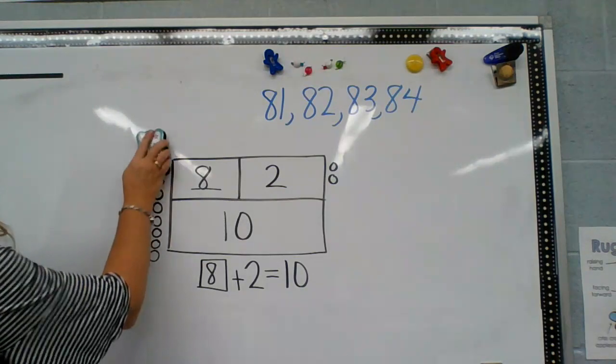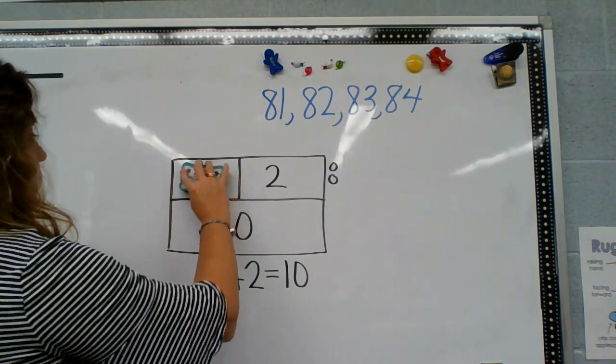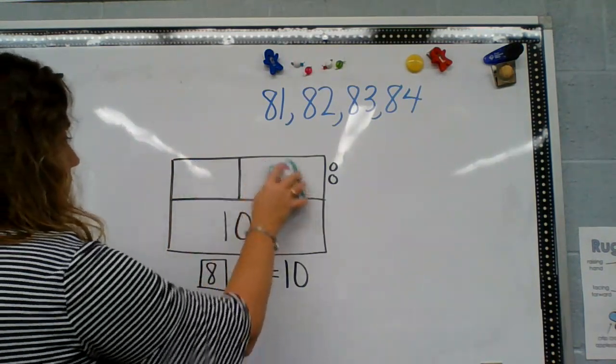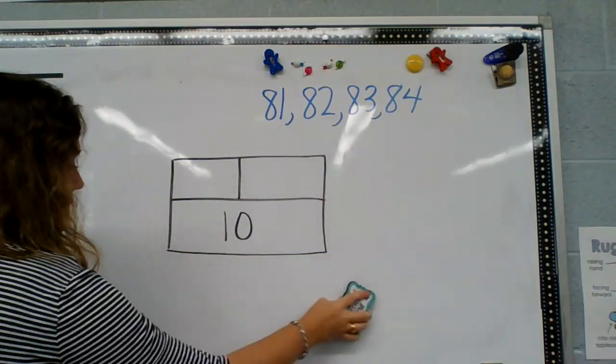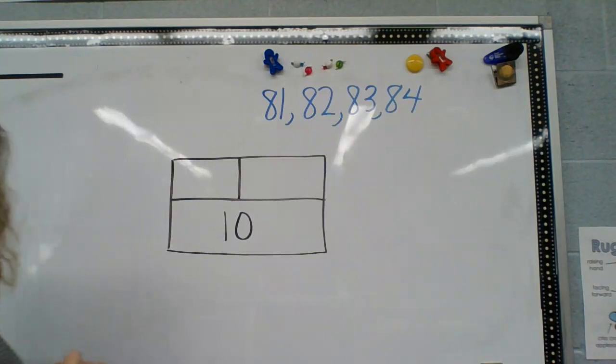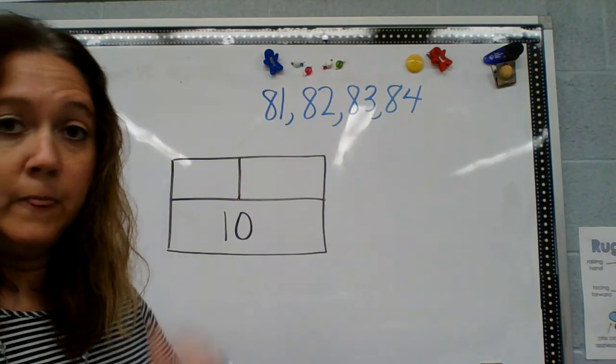Let's try another one. I'm leaving the 10 because every time we're having 10 as the whole.